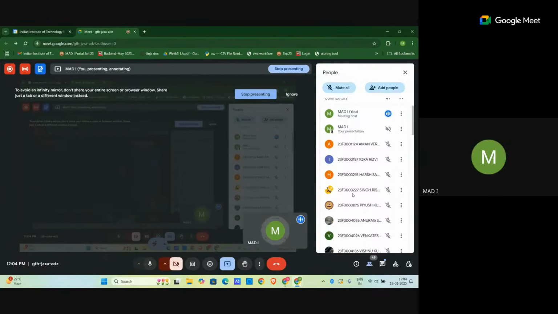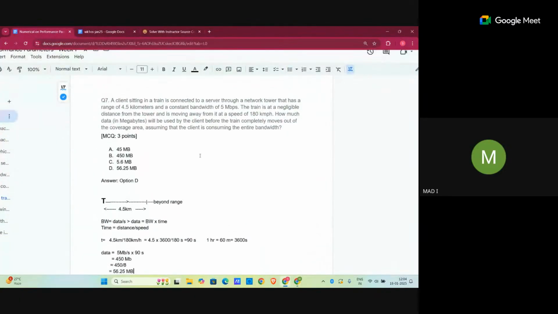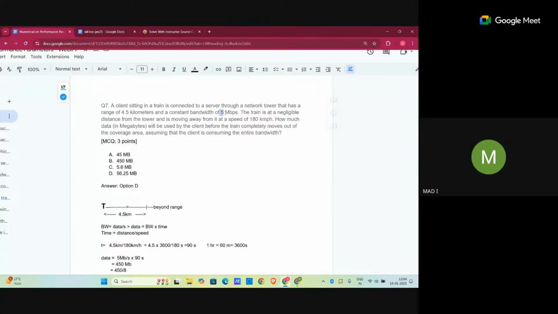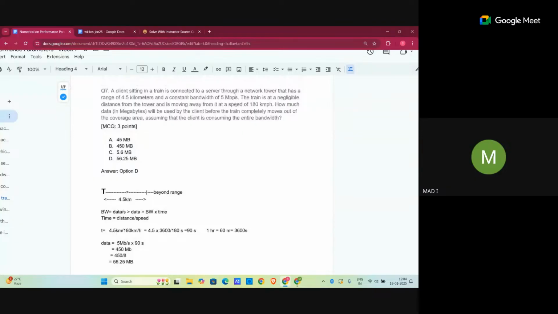But here, you can say the data is transferred per second. Here there is only one client, and from the formula, this is 5 Mbps. If we focus on the unit, it is Mbps, that is megabits per second.